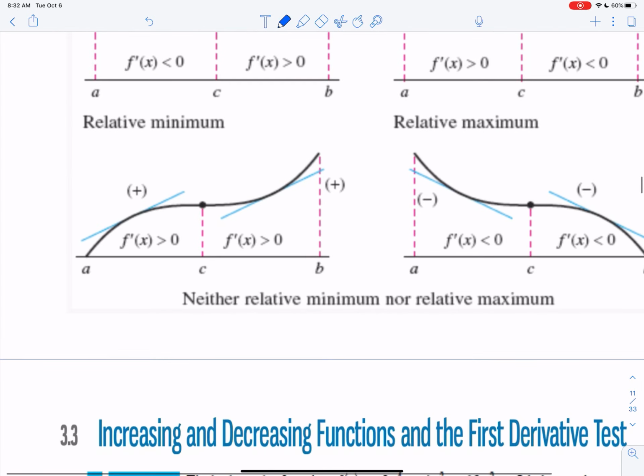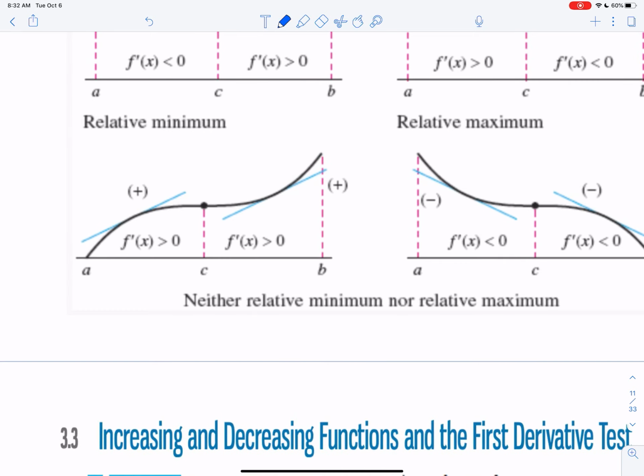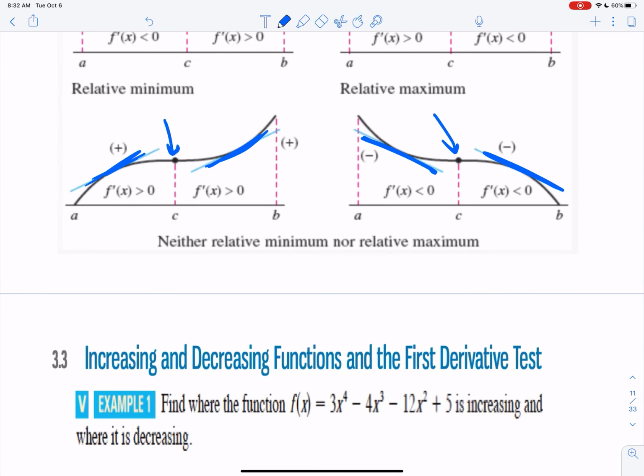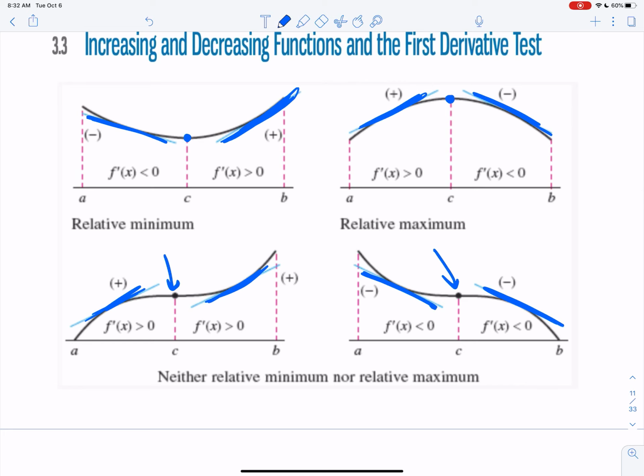Okay? Notice how when the derivative goes from positive to positive again, there's no local extrema there. I kind of showed that example in the last set of notes with that cubic function. Same thing here, when the derivative goes from negative to negative, there's no sign change. There's no local extrema there either. All right, feel free to draw those down if you guys want to.